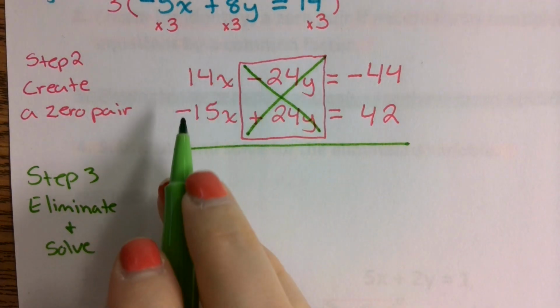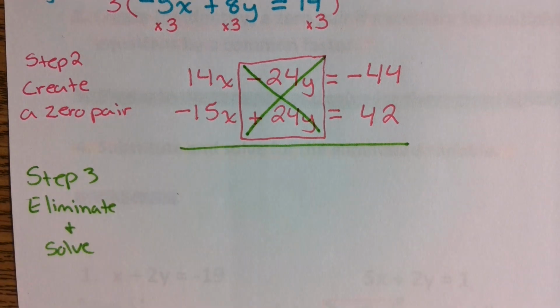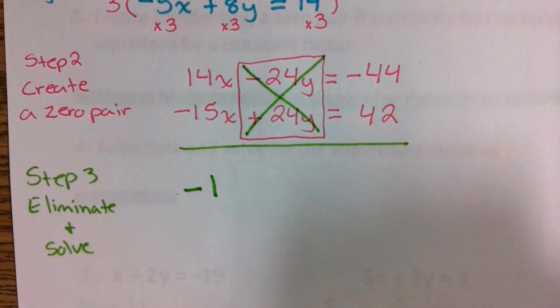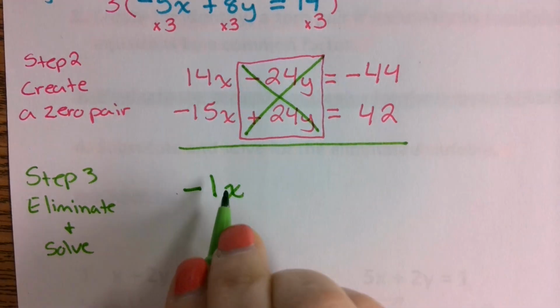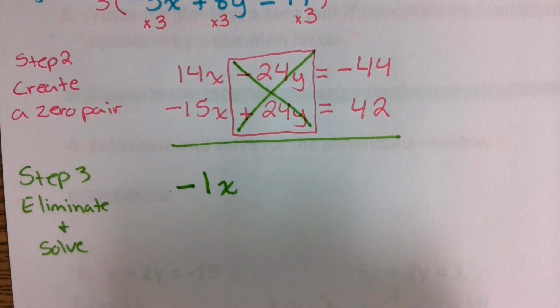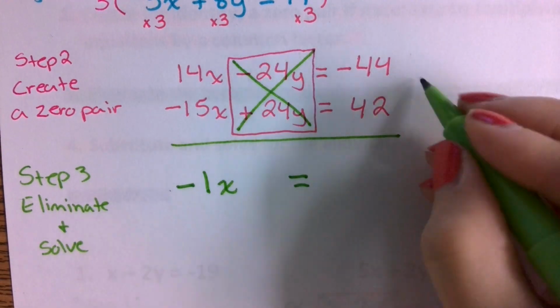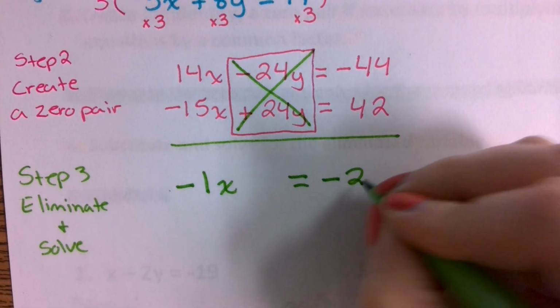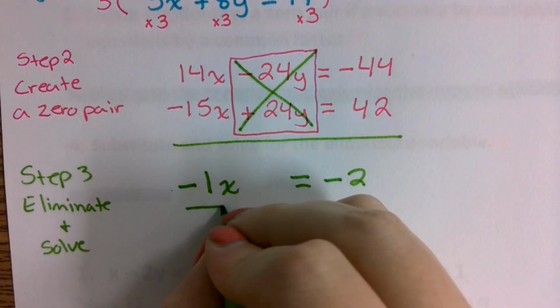What's 14x and a negative 15x? Negative x. I'm going to go ahead and put negative 1x just so that I know that that's a coefficient of not a positive 1, which means I'm going to have to divide eventually. And then negative 44 and positive 42. Negative 2. Okay, and so then my last step is to divide.